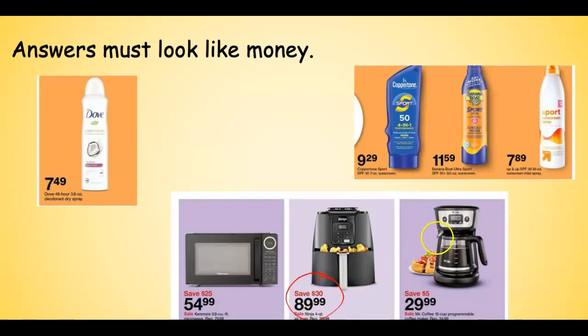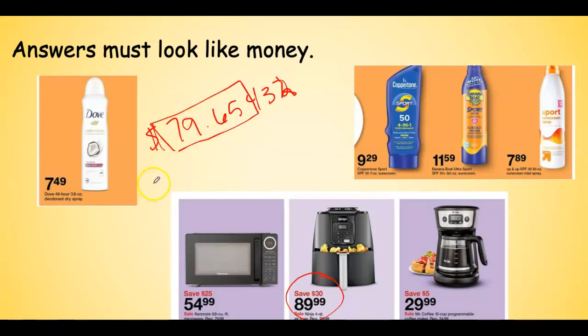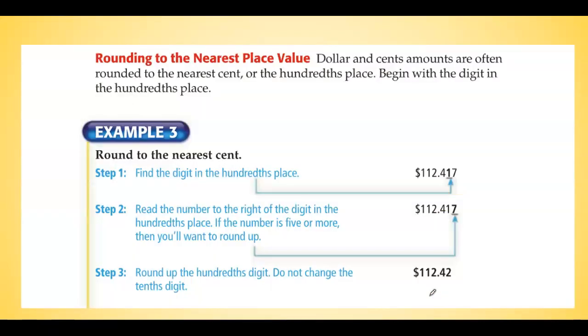So you can see how in the real world, people don't leave answers like this and tell you that's how much things cost, right? They're always going to be looking at just those numbers. Anything to the left, because of course it can be millions and billions, but only 2 digits to the right. So you can see that would be the 29, the 59, the 89, 99. So it's really important that we're making our answers look like money, like from a store.